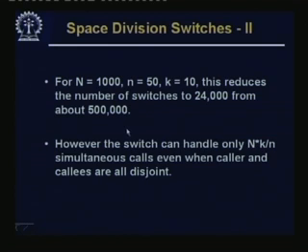So, if N is 1000 and k is 10 and small n is 50, N star k by n would be 200. Okay. So, only 200 simultaneous calls, so only 400 users can use it at the same time, which may be fairly all right, because you have a phone, but you are not talking on that phone all the time.